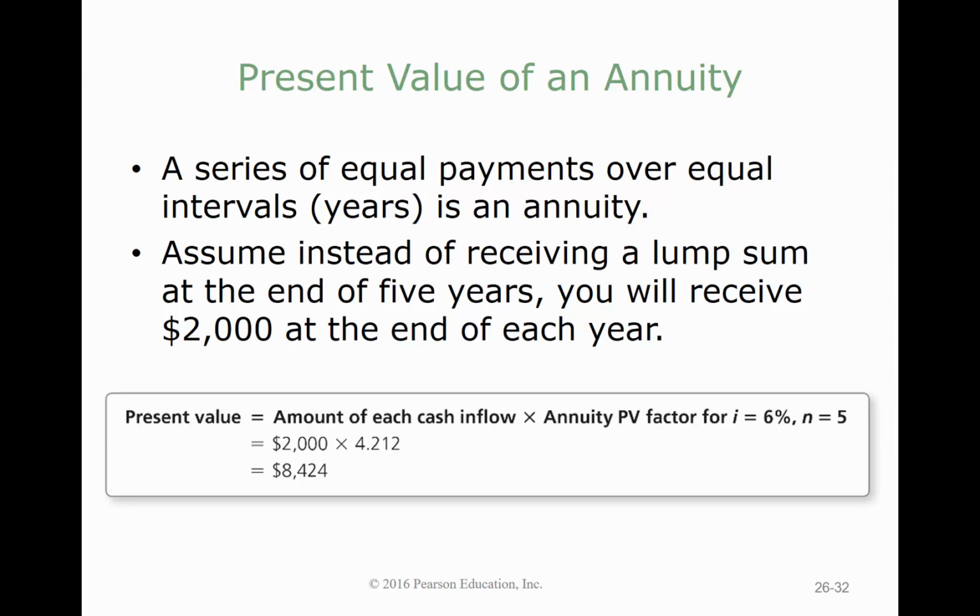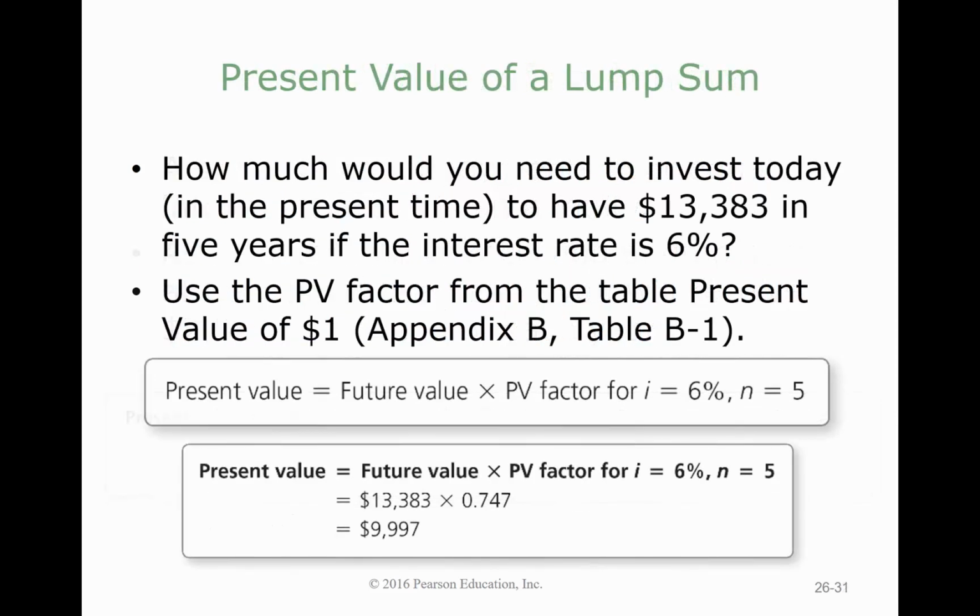And you multiply the amount of the cash flow by the factor, and it tells you the present value of that. So we see right here that $2,000 a year for 5 years at 6% is worth less than $13,383 received in a lump sum at the end of 5 years in present value terms. So hopefully now your brain can start to go to how this might be used for evaluating investments or capital investments.